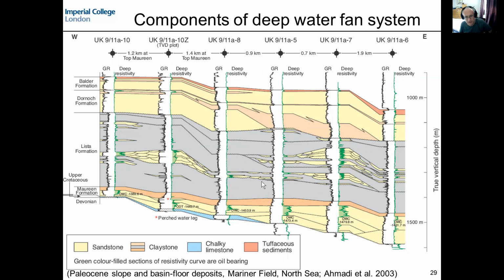So there are two clearly defined canyon systems, this one in here, this one in here. These well correlations are really tied to seismic data. That's how we know how to connect up the wells in this correlation panel. But you can see some parts of the canyons are sandy, some parts are muddy. So quite a variation in terms of lithology.